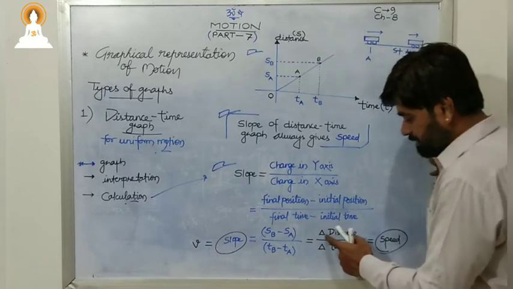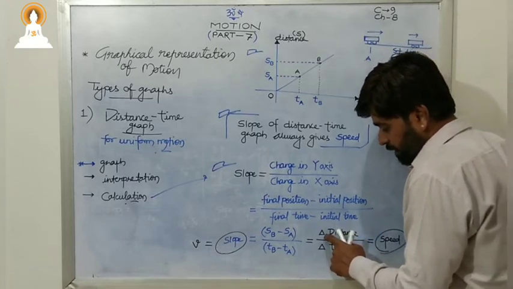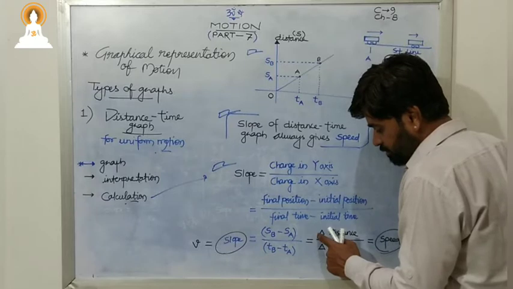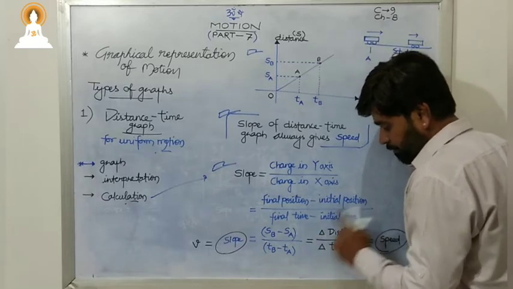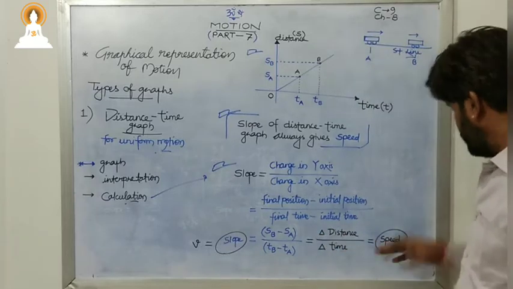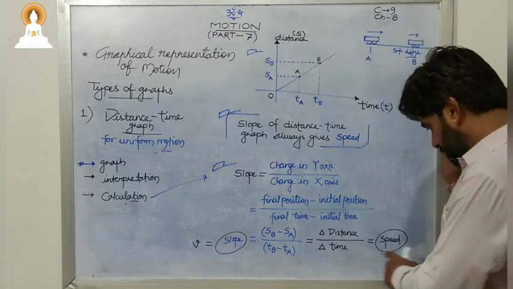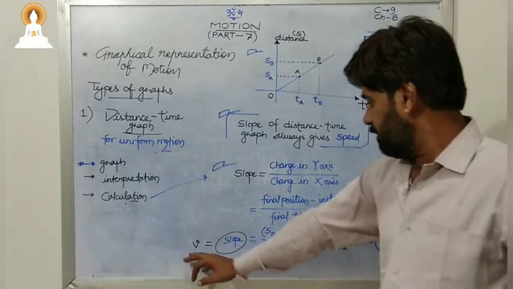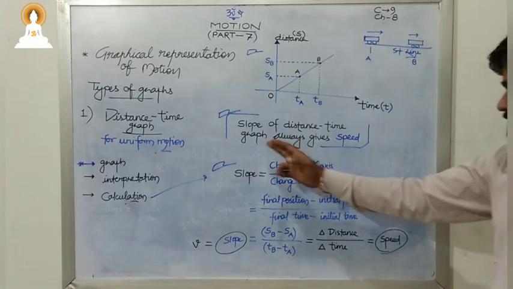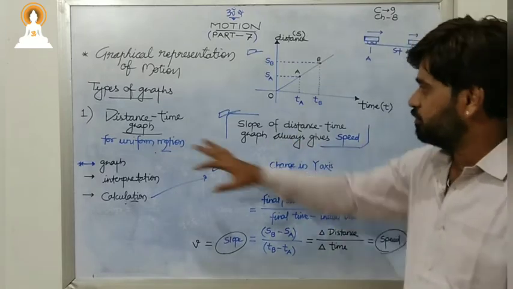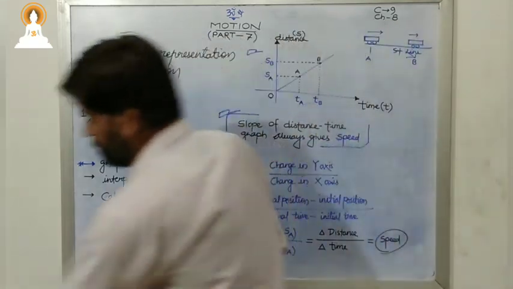Delta is the notation for difference, as I have already told you. So delta distance upon delta time; don't bother about it as much. Now distance upon time is speed. So the slope of a distance time graph will always give you speed. So this was about uniform motion.